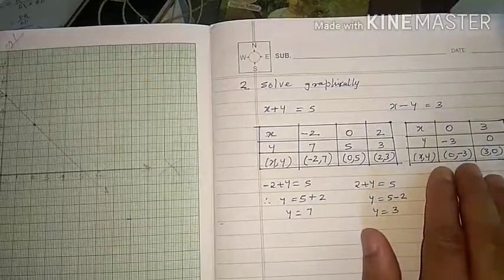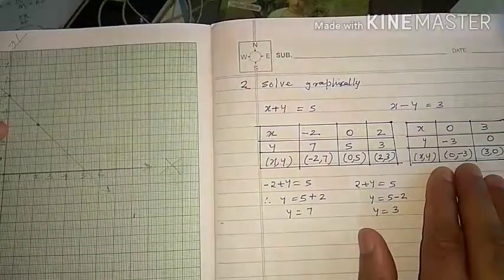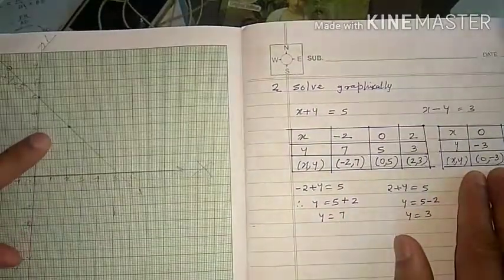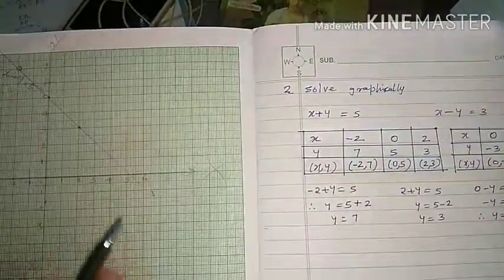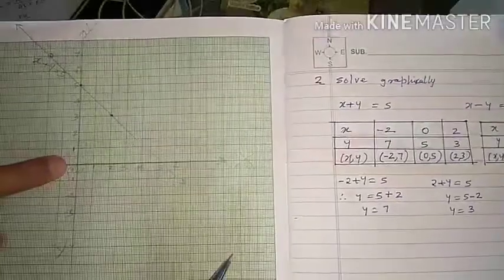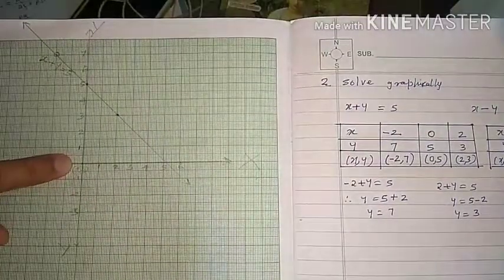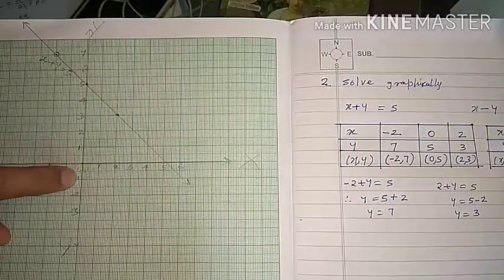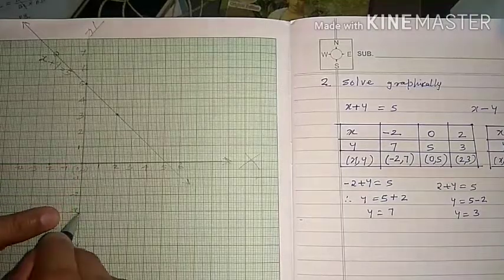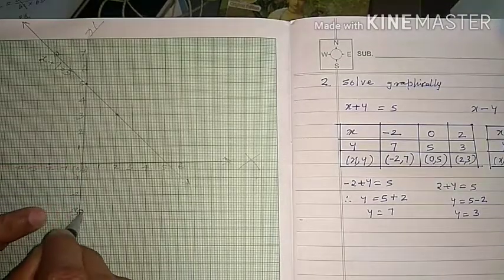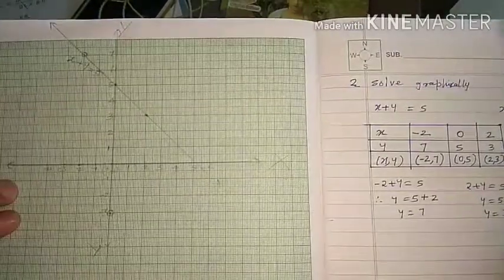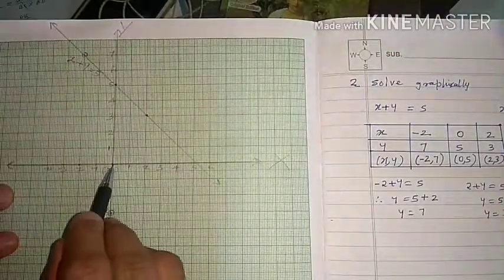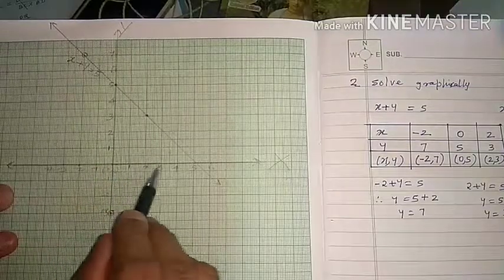Now the second straight line's points we have to plot here. So the first point is 0, minus 3. X is 0, y is minus 3: 0, minus 1, minus 2, minus 3 here. This is the point 0, minus 3. Now 3, 0. X is plus 3: 1, 2, 3, this point.